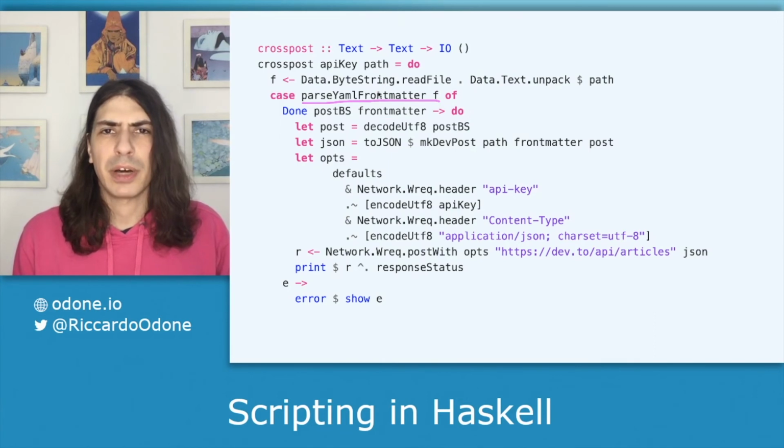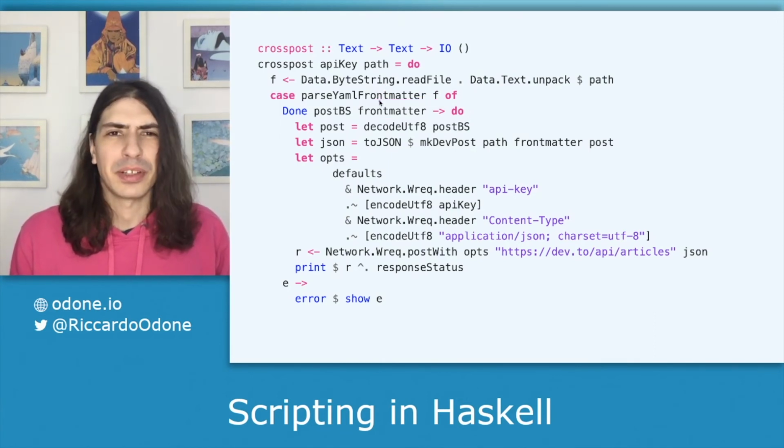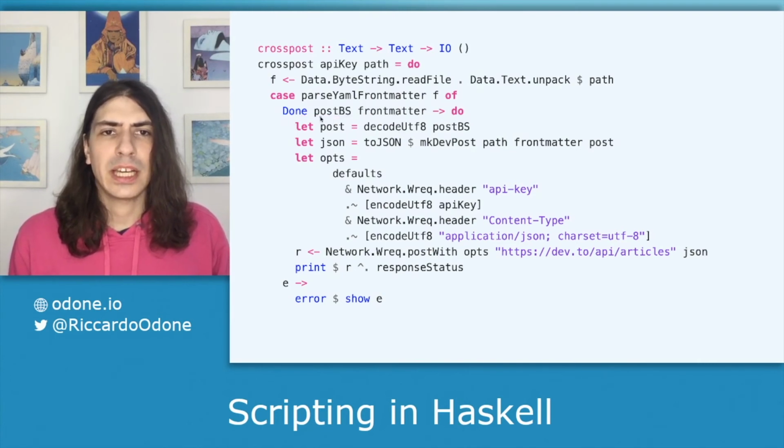This is out of a package, I don't remember the name. Whatever. In any case, if the parsing succeeds, we get the content of the blog post as a byte string and the front matter parsed as the Front data type that we defined above.